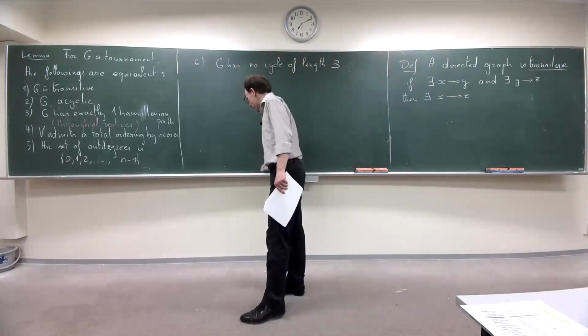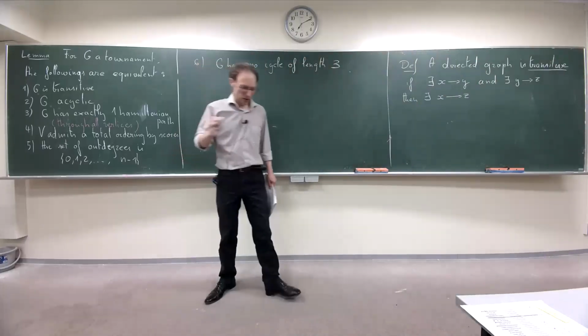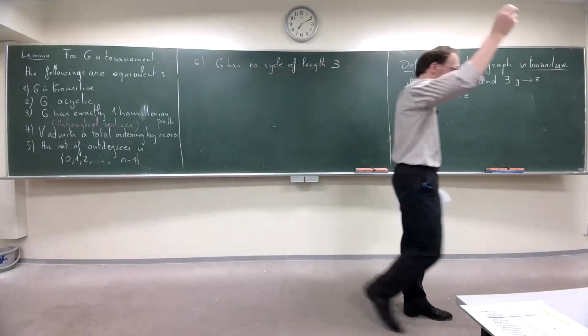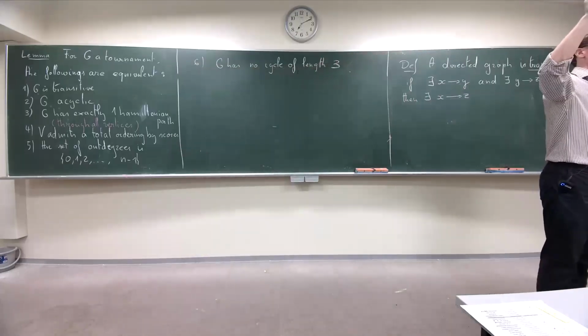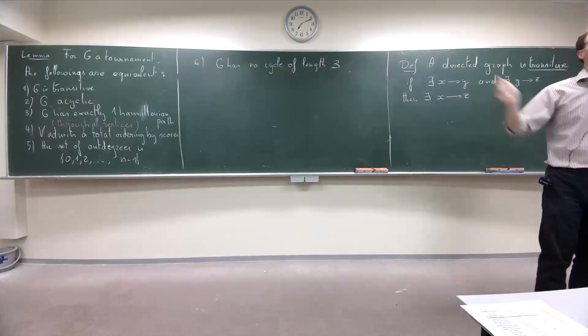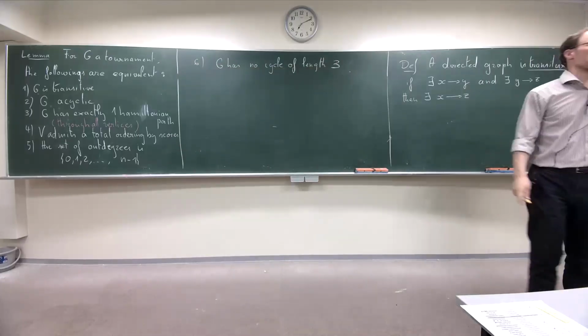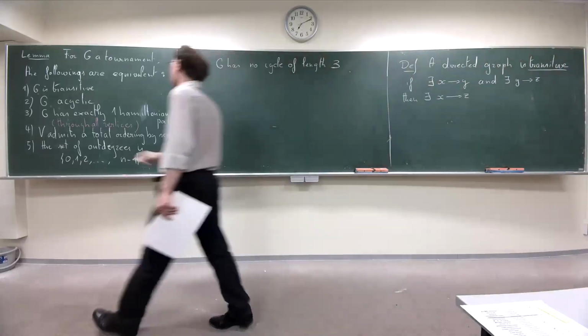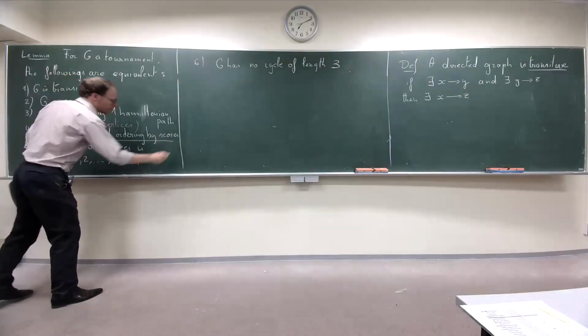Why is this situation interesting? Think about a game where you want to put an arrow from the winner to the loser and so on. If you're in this situation, it's easy because you have a total ordering. So this is the simplest situation.